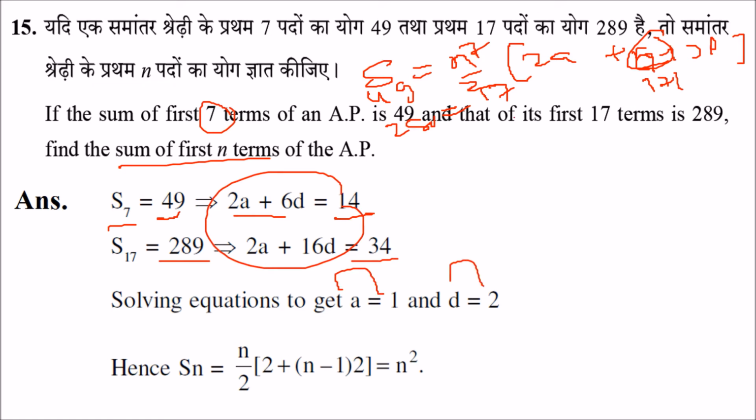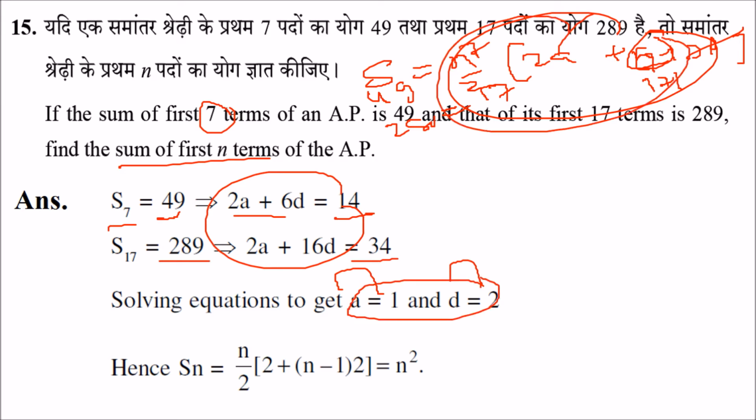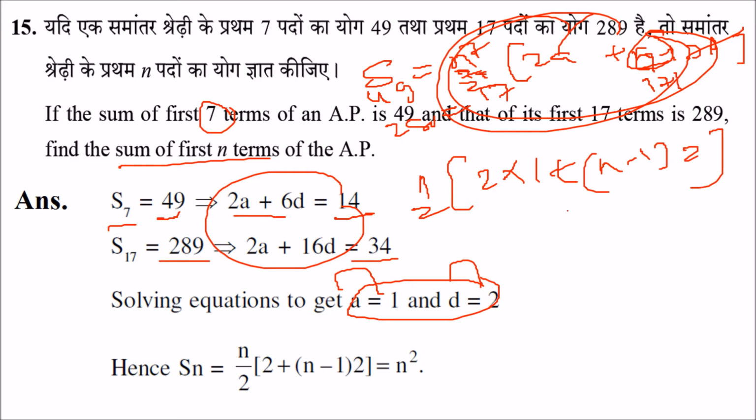Now again put in this a and d you just have found out, and you get the answer in terms of n. This will be n by 2, 2a plus n minus 1 into d, 2. So you just solve this, this gives n by 2, 2 plus 2n minus 2.